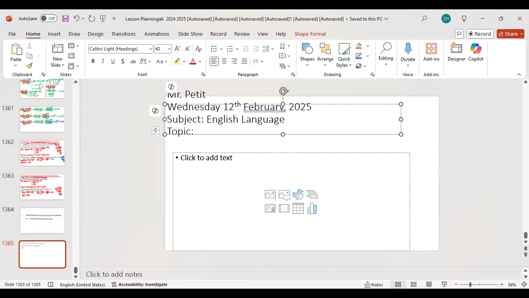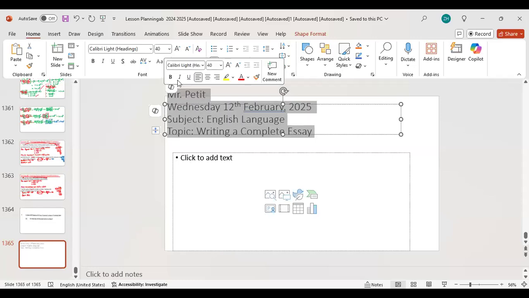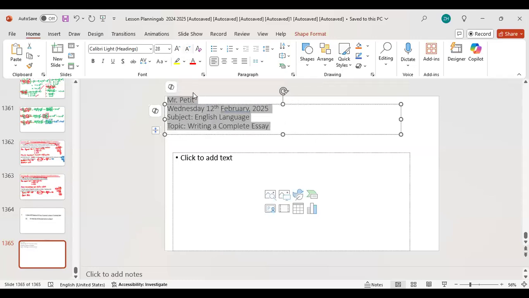So for this one, I want us to look at writing a complete essay. That's what I want to do today. I think we should spend a lot of time on how to write a complete essay.